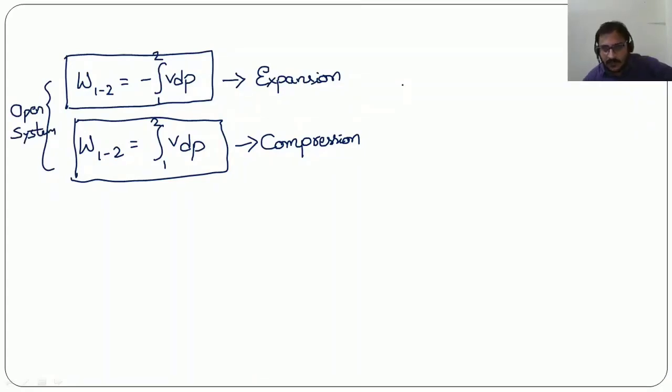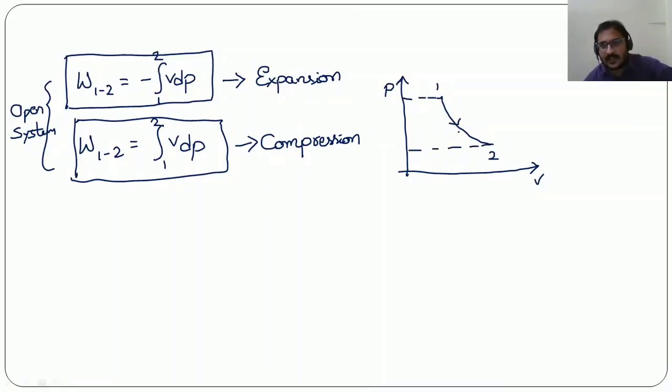And if you take the PV diagram here, and when you are considering process 1 to 2 like this, this area under PV diagram is considered as work done here, whereas this is minus integral VdP work.